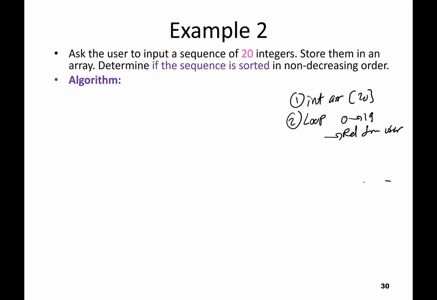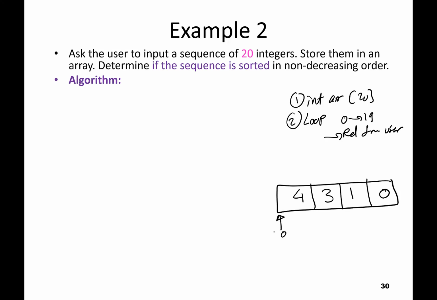As an example, not for 20 elements, but let's look at 4 elements. Assume I have an array like 4, 3, 1, 0. Starting from the first element, I have an index that starts there. Compare this with the second one. Is it larger?